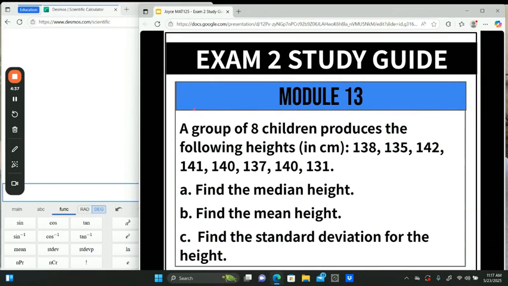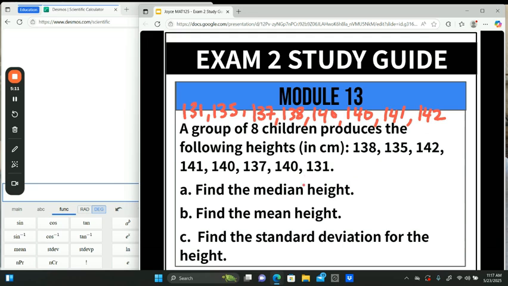So let's start with 131, then 135, then we can go 137 and 138. Then I can go 2 140s, and then 141 and 142.